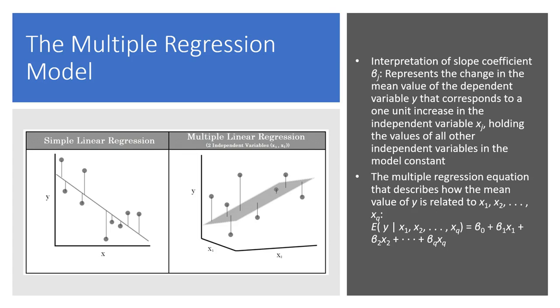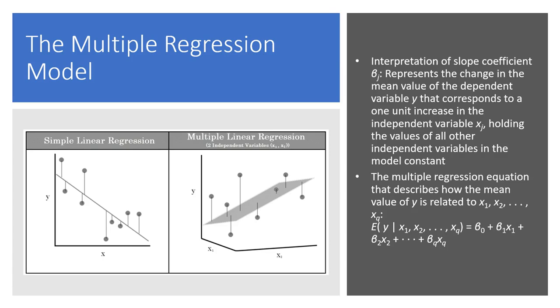And so when we look at this, the way we interpret the slope coefficient for our beta weights is that it represents the change in the mean value of the dependent variable that corresponds to a 1 unit increase in the independent variable, holding all the values of all the other independent variables in the model constant.